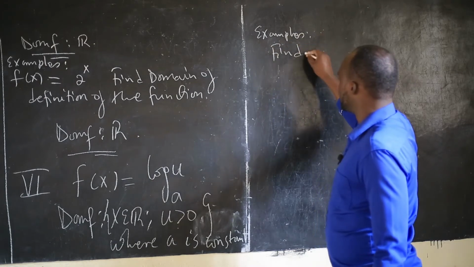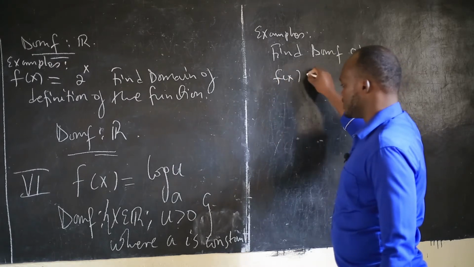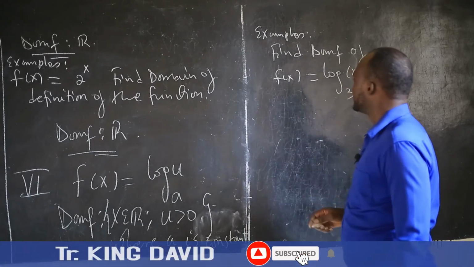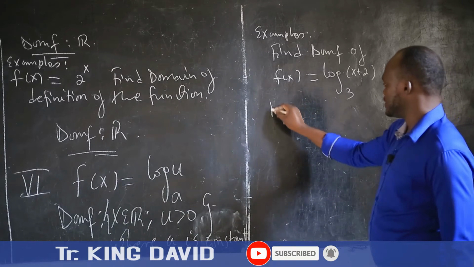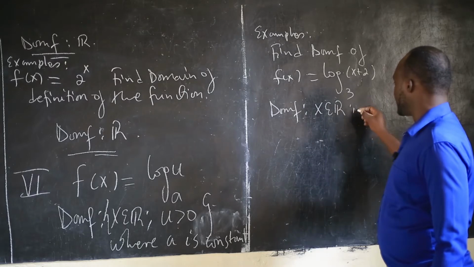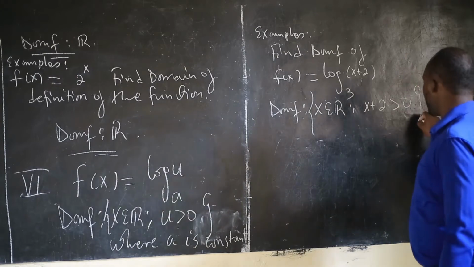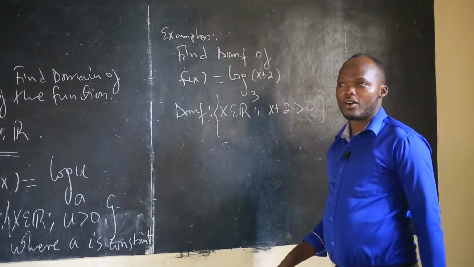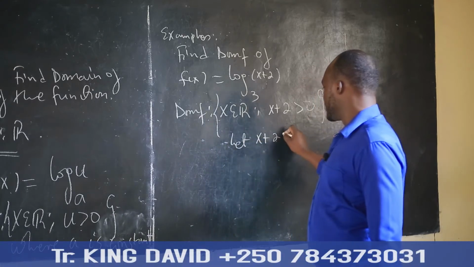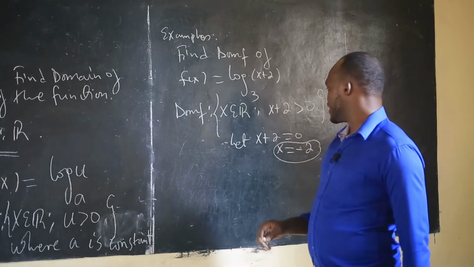For example, find dom f of f of x equal to logarithm of x plus 2 base 3. Domain here: dom f, we say that x is a member of real numbers such that x plus 2 is greater than 0, because there is no logarithm of a negative number. So we let x plus 2 equal 0, x will be negative 2.